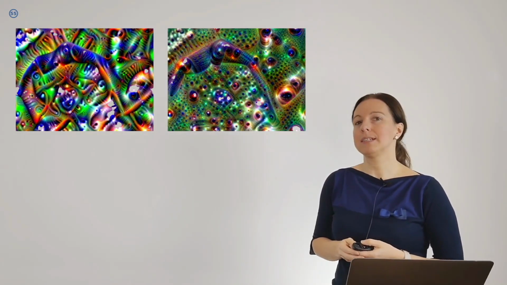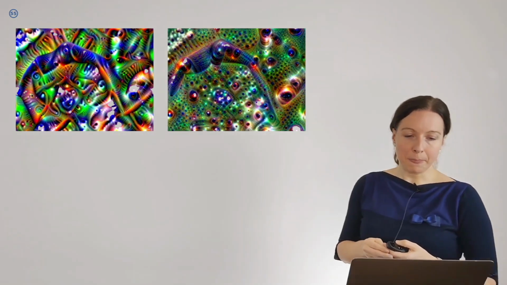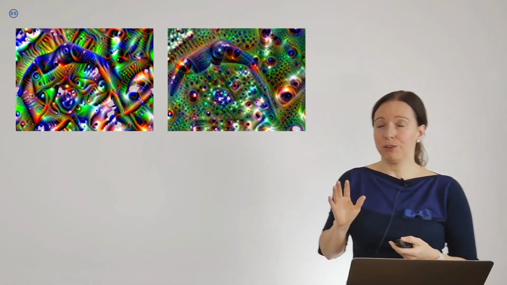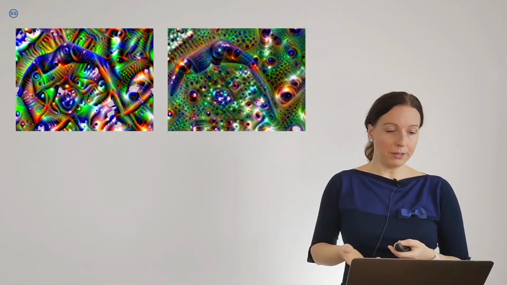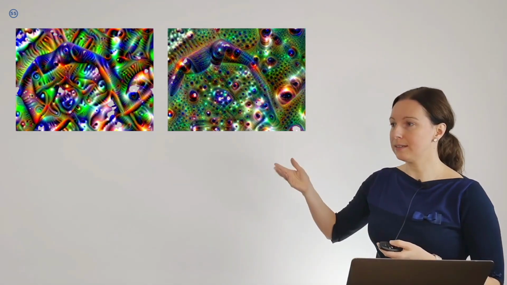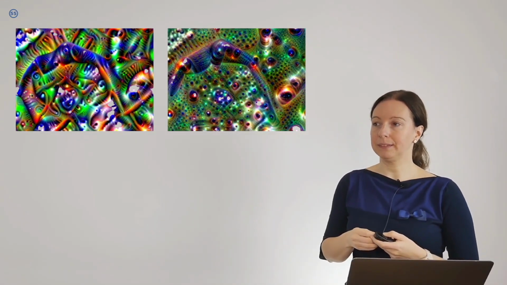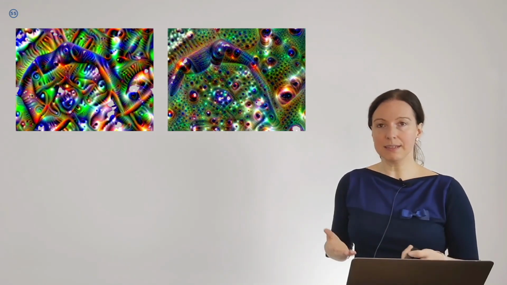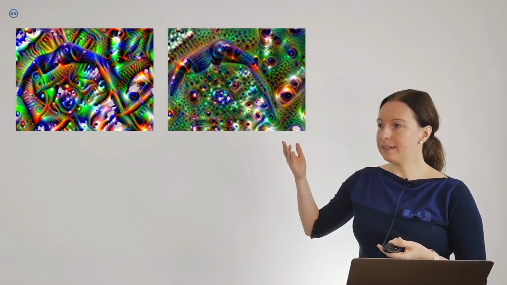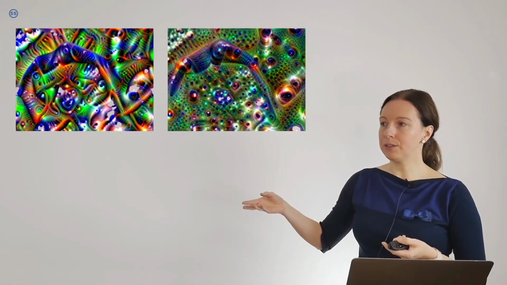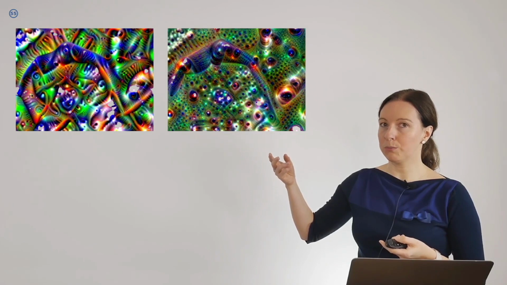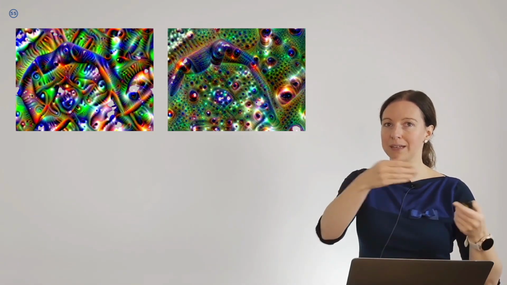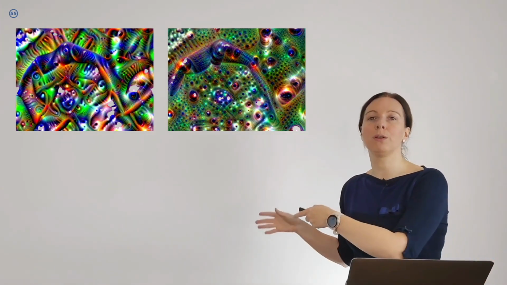Yeah, so very interesting. The thing is, if we would use another trained network, this would result in different images, because then different kinds of patterns would be amplified. But what does it tell us? This image now shows, first of all, which patterns were in the image, but also what was learned by the network.